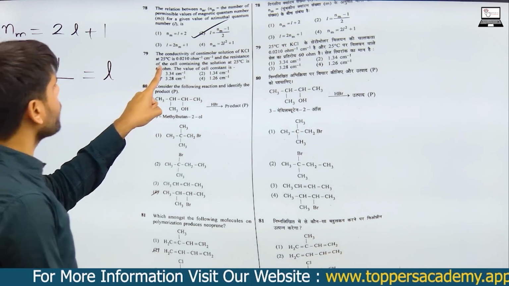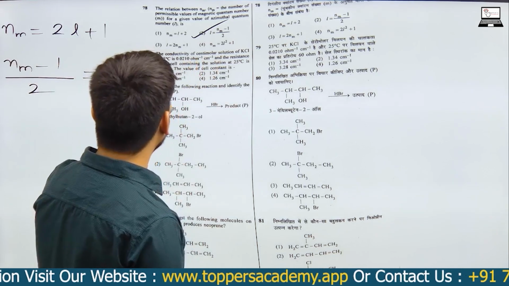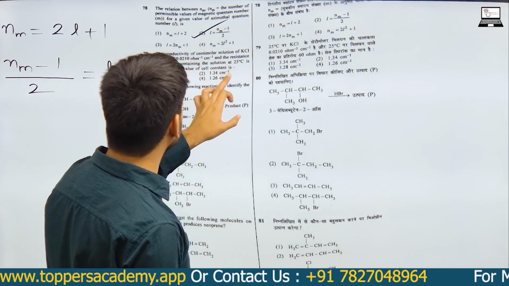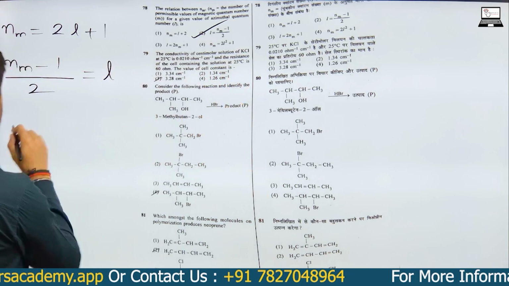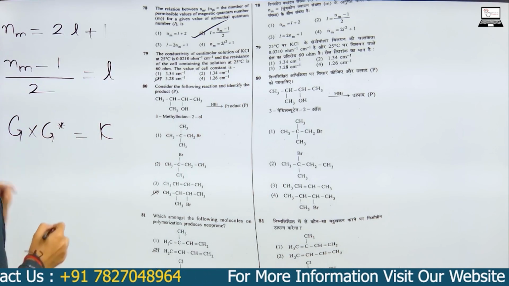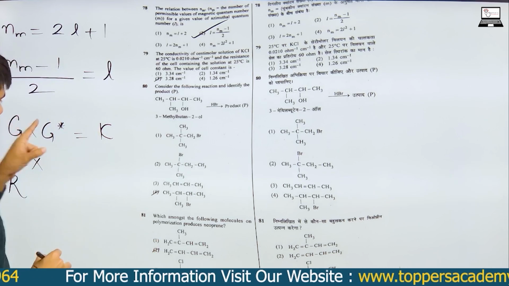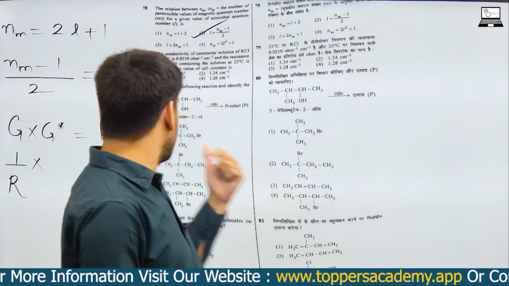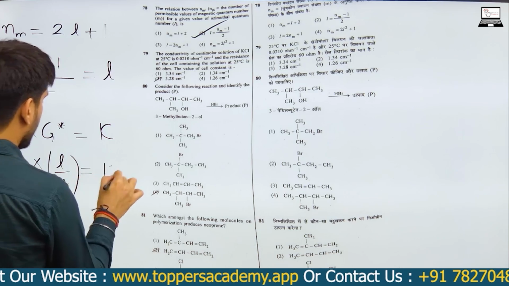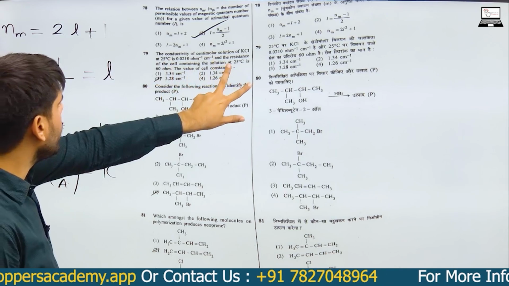Next question. The conductivity of centimolar solution of KCl at 25 degrees Celsius is this, and the resistance of the cell containing the solution is this. Find the cell constant. We know that G into G star is equal to kappa, which is conductivity, where G is the conductance, which is 1 upon R, and G star is your cell constant, l by A. So basically what you are supposed to do is simply multiply these two.